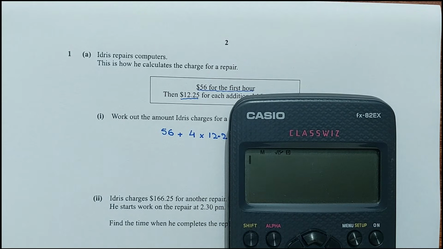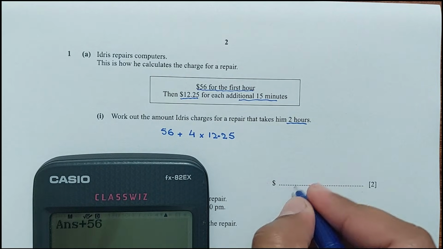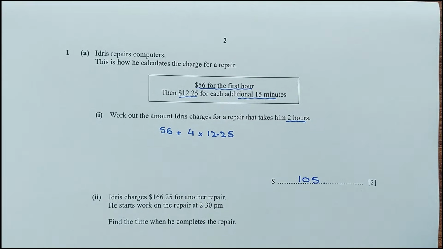Let me calculate this: 4 times 12.25 and add 56 is $105. He charges $105 for 2 hours.